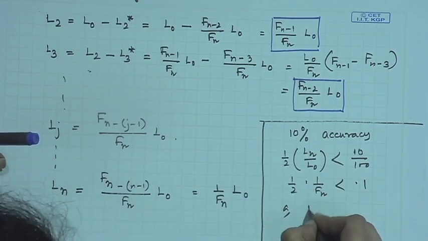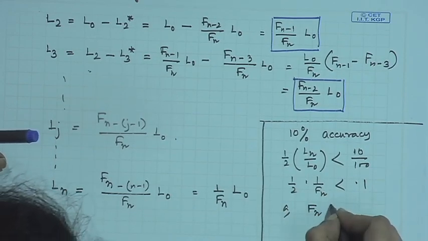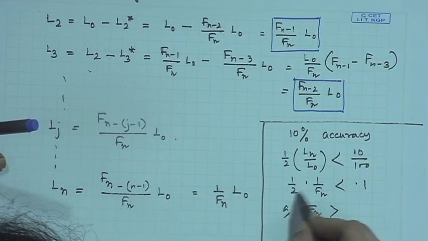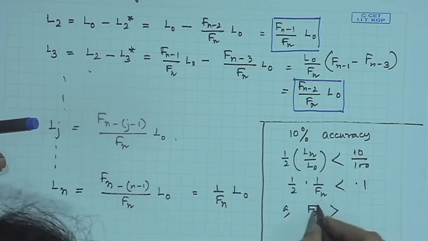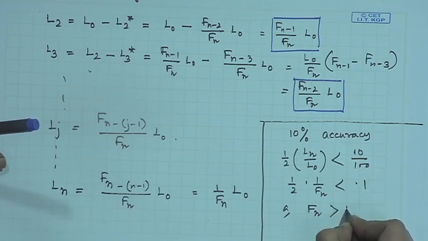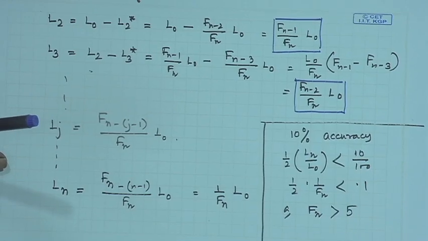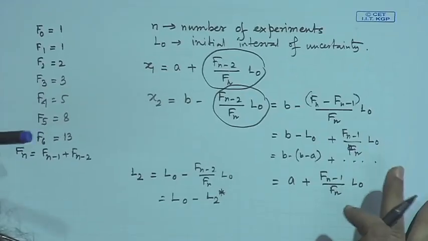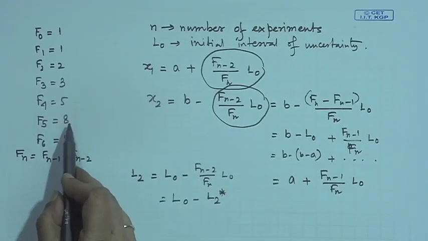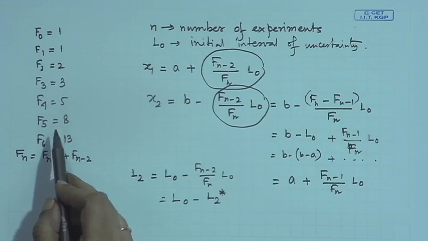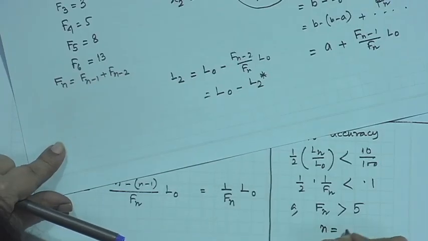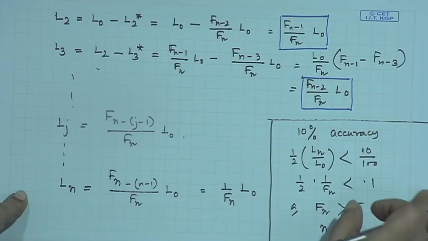In other way I can say Fn must be greater than 5. Now, if I look at the minimum number to get Fn greater than 5, n is equal to 5. That is why I have to do 5 number of operations.